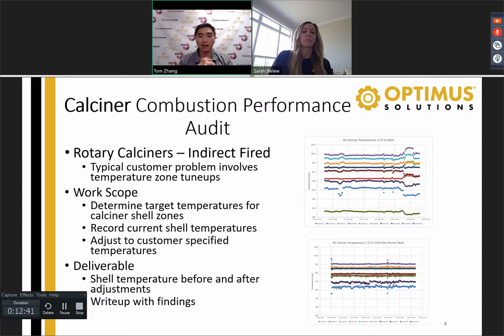So what you guys see on the right is the customer had a lot of complaints on, hey, we would like to get it closer to 800 degrees. The range that we see there is from 375 to 400 degrees up to 1,000 degrees. And this is Kevin doing the work. After Kevin was on site, he was able to go from 600 degrees to 900 degrees.